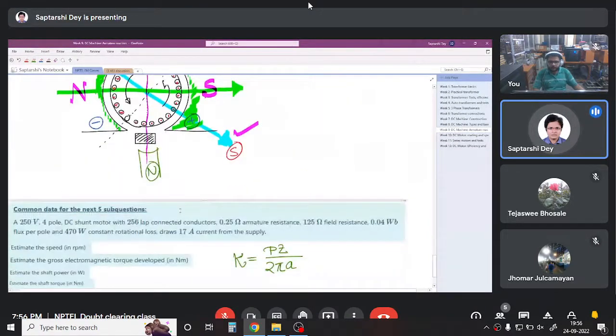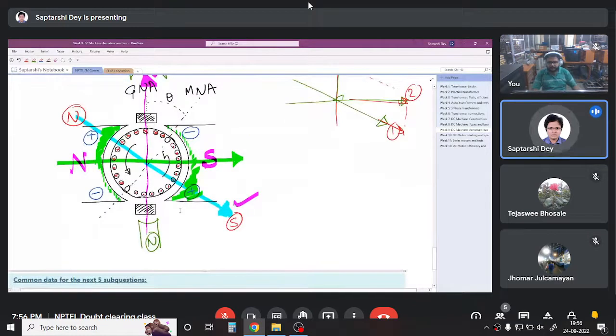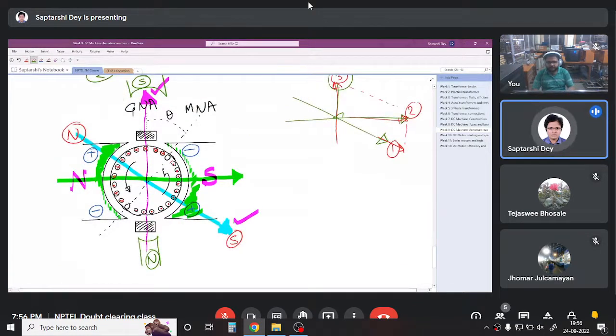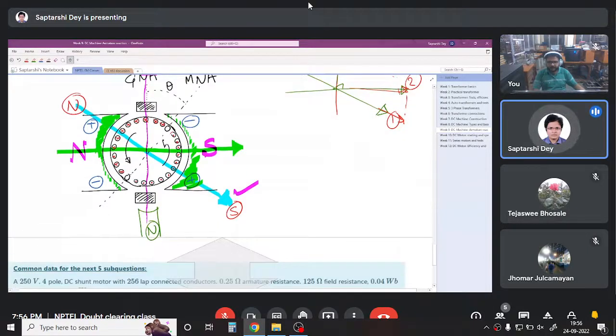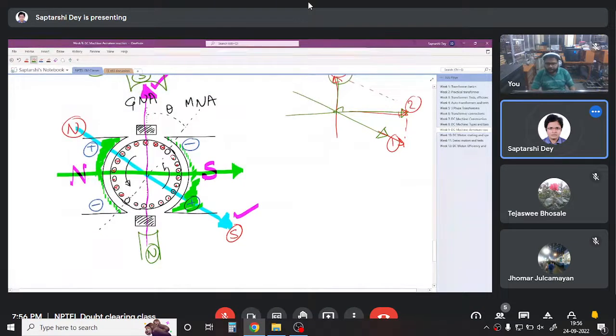A very easy way to make sure of this is the magenta vector vertically upwards, which is the interpolar axis, interpolar field. It has some winding on it, right?